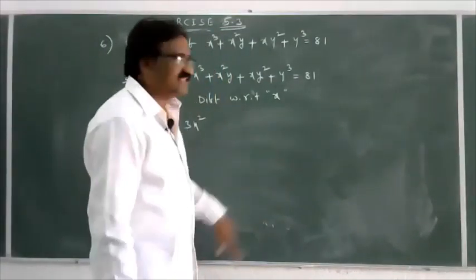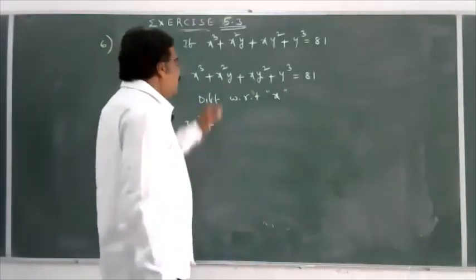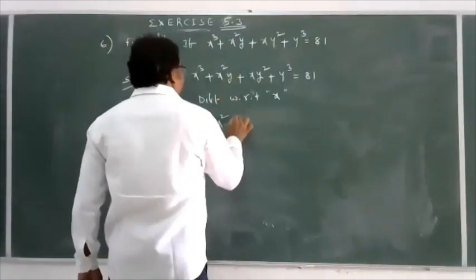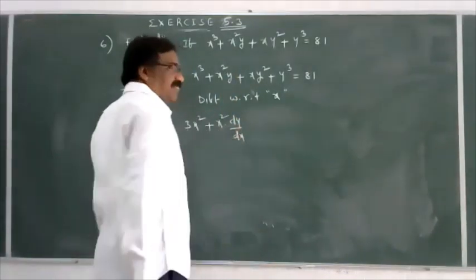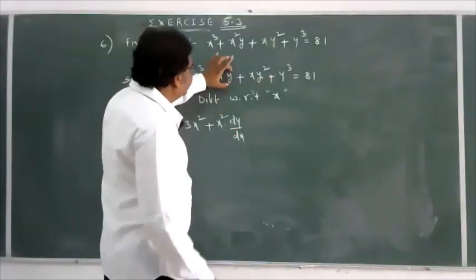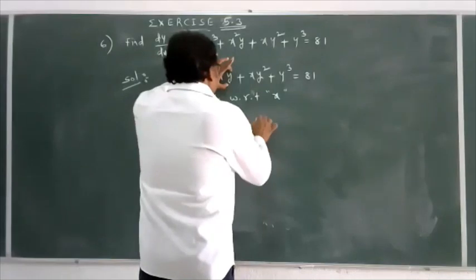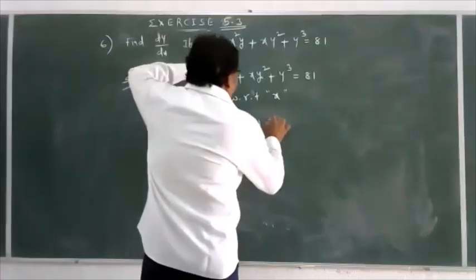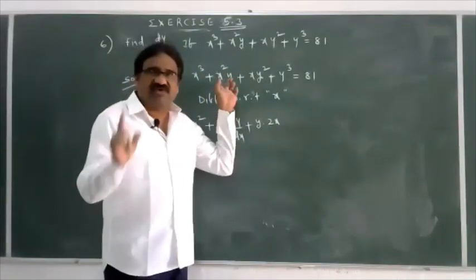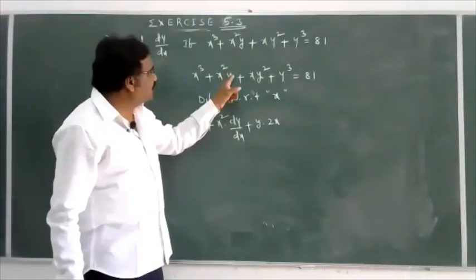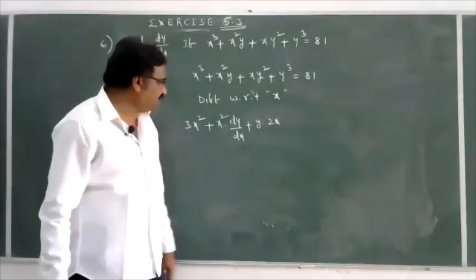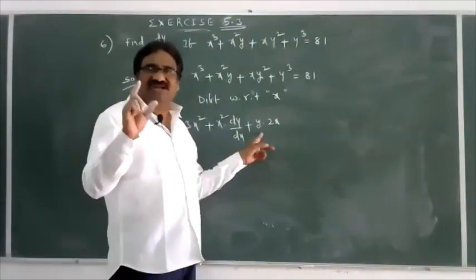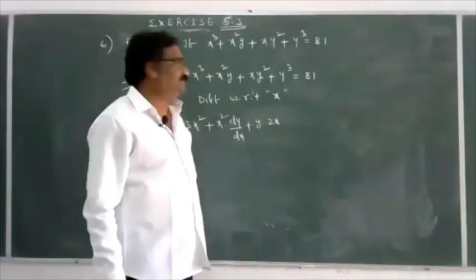Plus, here using the product rule, first function x square into derivative of y, dy by dx, plus second function y into first function derivative, that is x square derivative 2x.